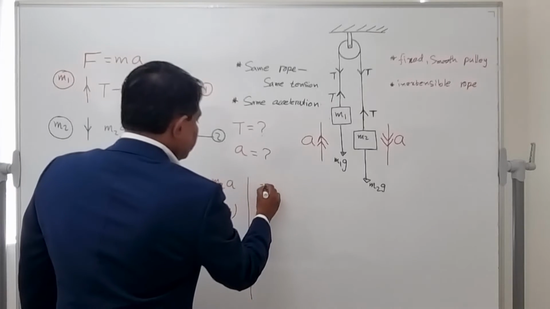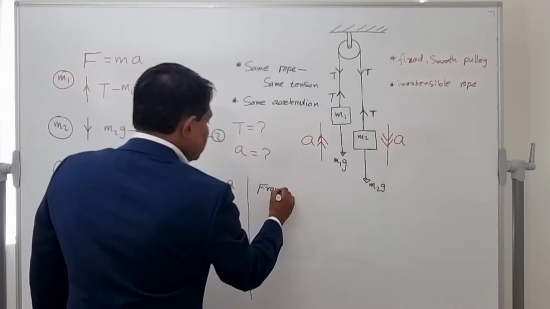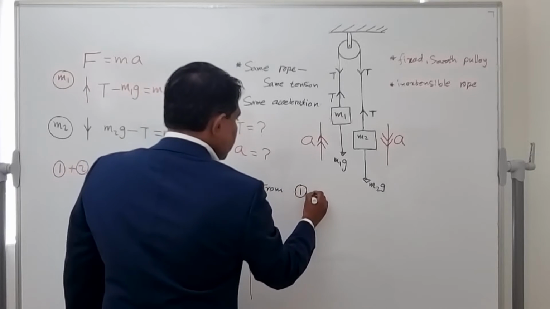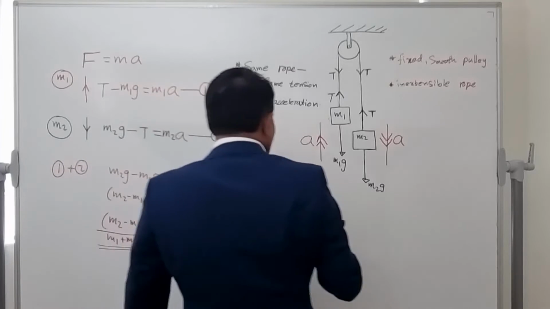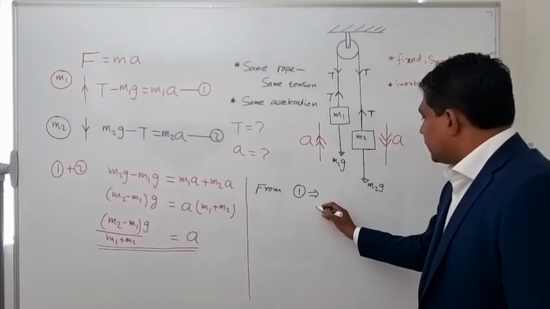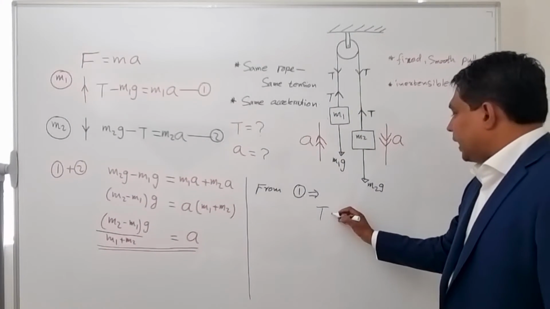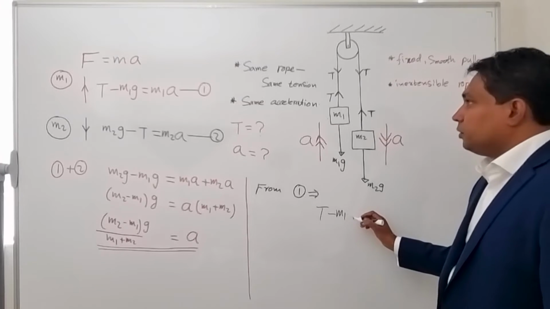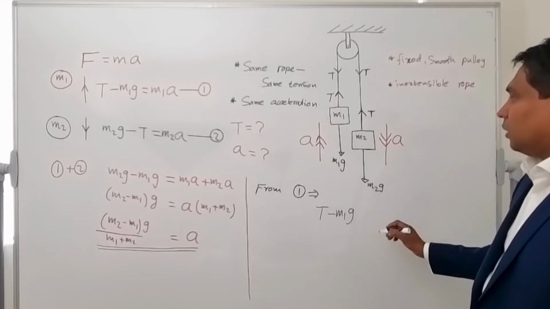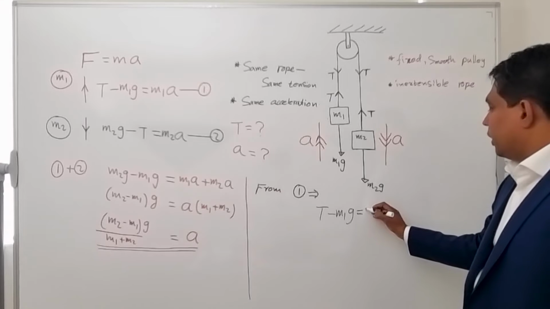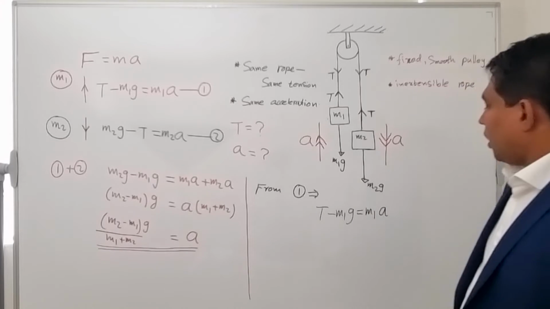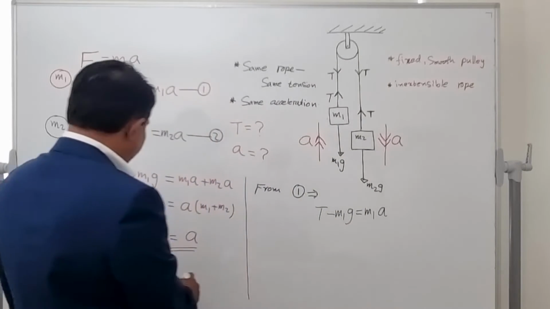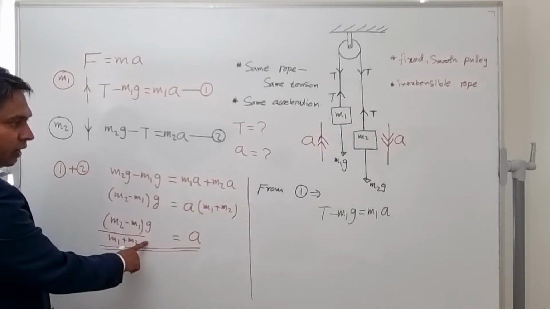From equation 1, you can copy that equation down here. You have T minus m1g equal to m1a. Now I'm going to substitute A from this result.